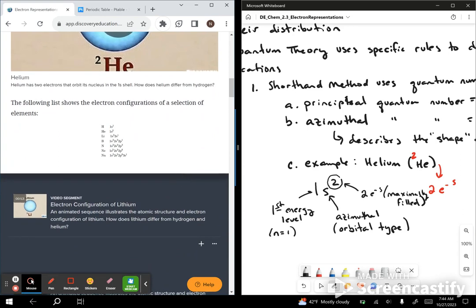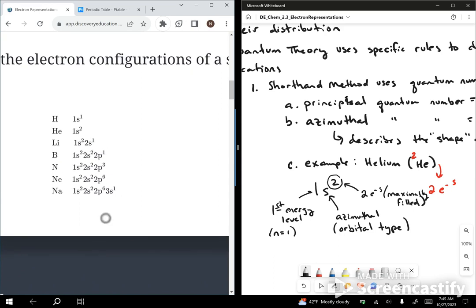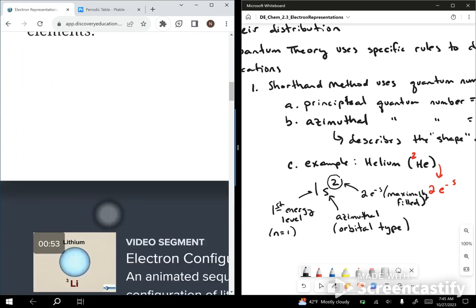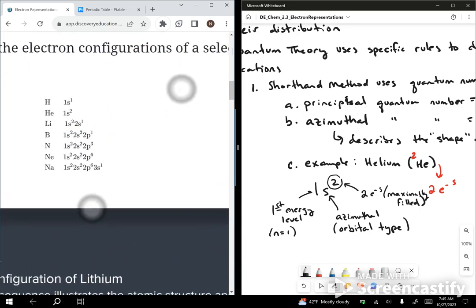Okay, good. So if you take a look over here, it kind of gives you a list of hydrogen, helium, lithium. We got to figure out how to keep that pinned. Clear screen. And let's go back over here.